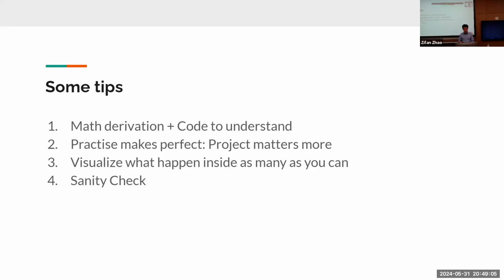The first tip I want to give is, when you want to understand an algorithm or any kind of tricks in a paper, in your class, or in your lecture, I want you to understand it from both a math perspective and a coding perspective. When I discover something I didn't know in a paper, the algorithm or the math is always presented in math format.